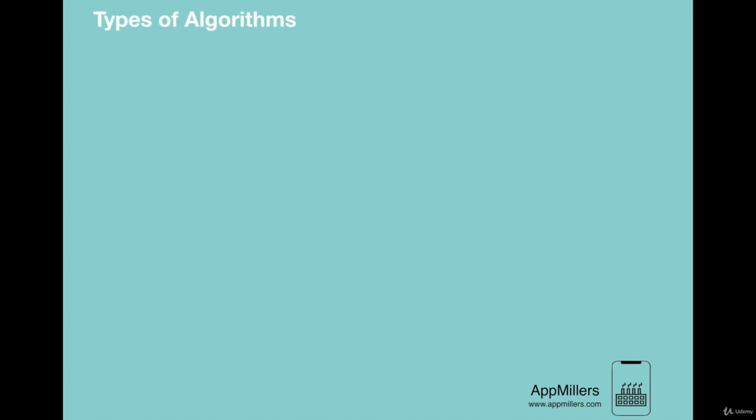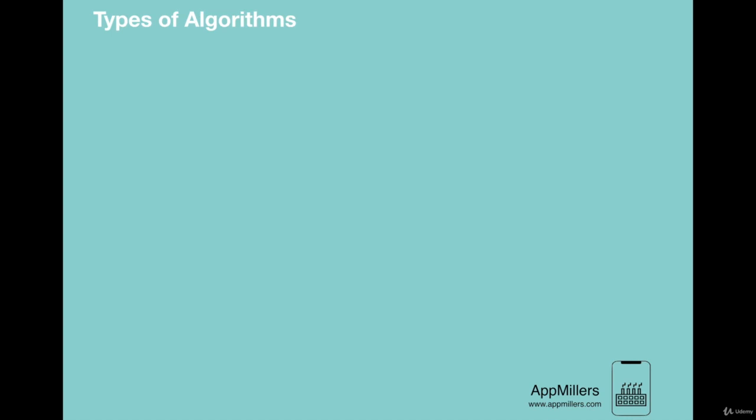Algorithms can be classified based on the problem they are trying to solve, such as sorting algorithms, searching algorithms, and so on. Or they can be classified based on the problem-solving approach. Please note that here we are just classifying together the algorithms that use a similar problem-solving approach.